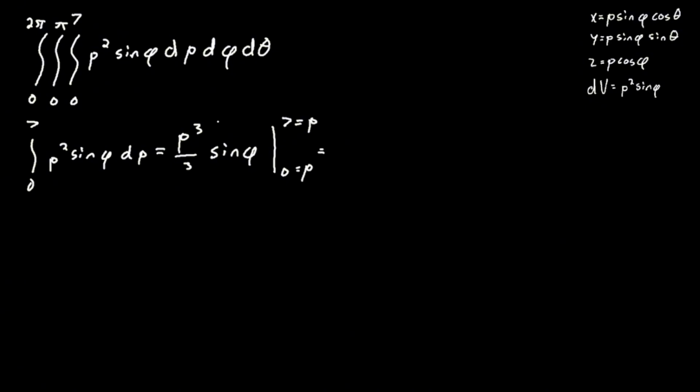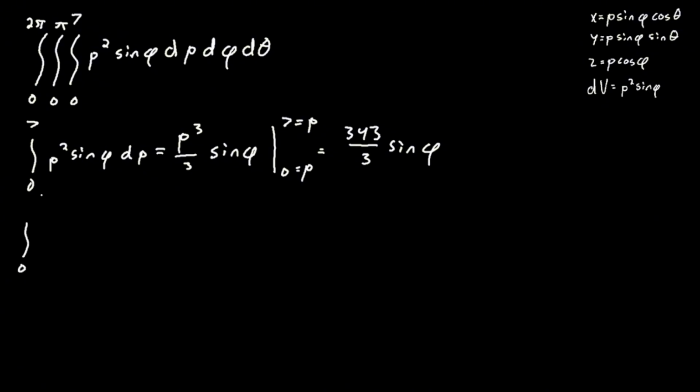Our bounds are for rho, and we substitute 7 into here. We get 343 over 3 sine of phi. If you substitute in 0 here, everything just zeroes out. So this is our new integrand.